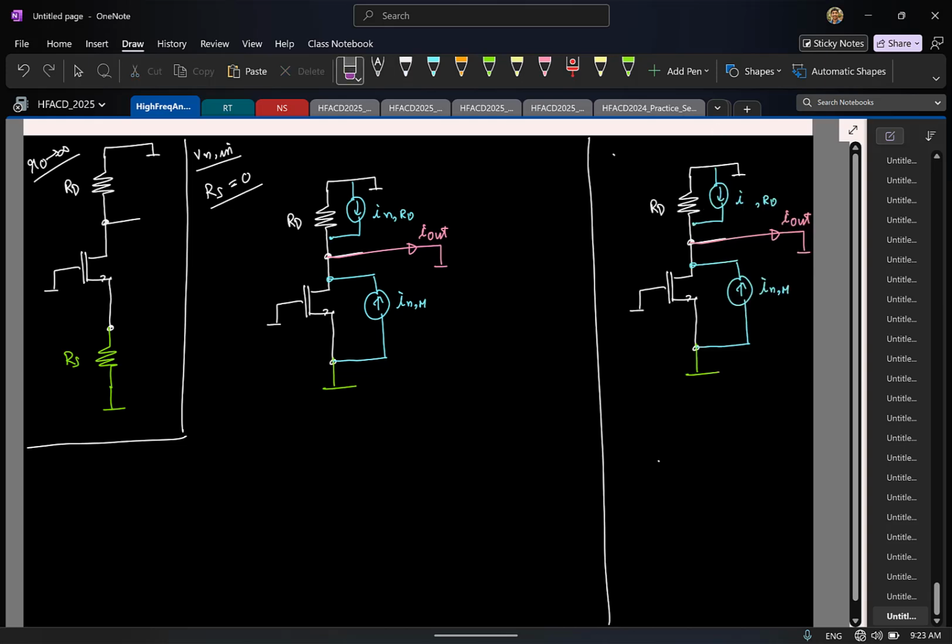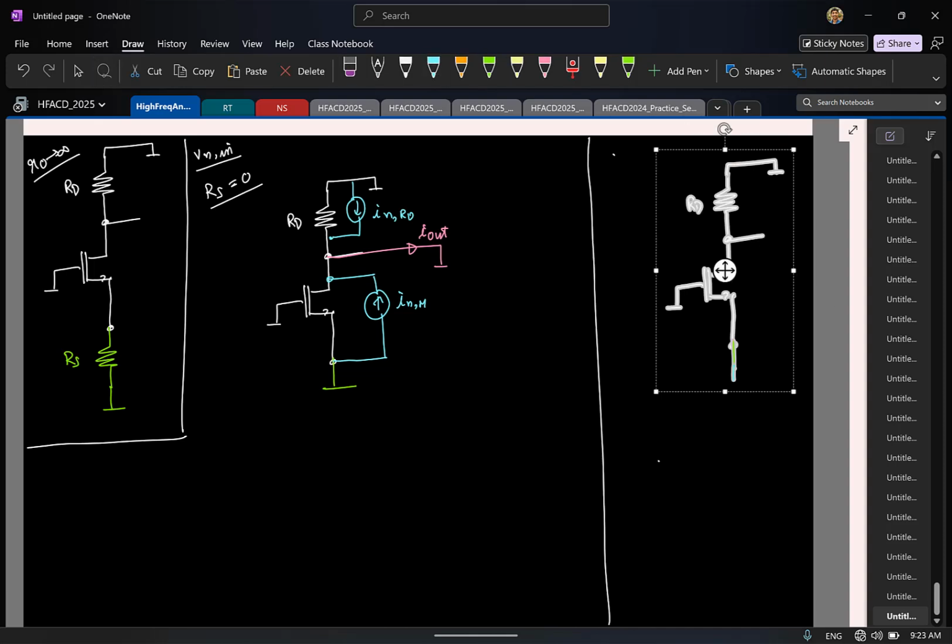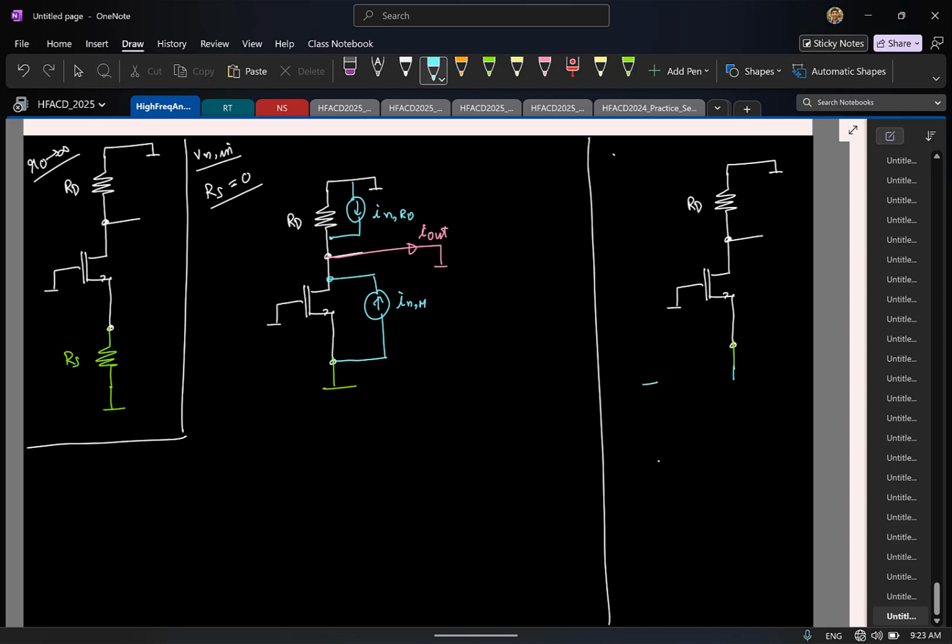So in my actual model, the elements are assumed to be noiseless and the noise is assumed to be coming from an input referred noise voltage and current. Rs is 0, so this is short, and I'm finding the short circuit current.